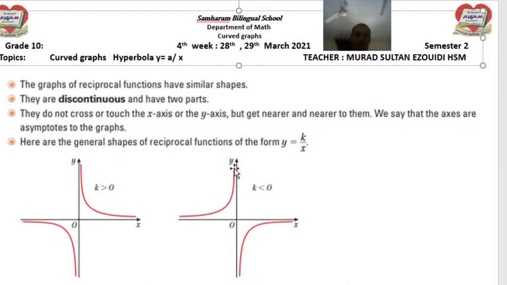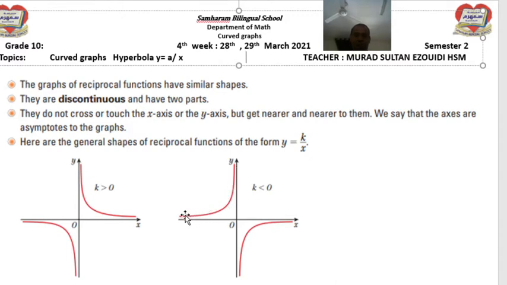The curve of the hyperbola of the equation y equals k over x, where k is a constant, a real number that can be negative or positive. But in this case k is negative, for example minus 2 divided by x. This is the curve of this equation, called a hyperbola.